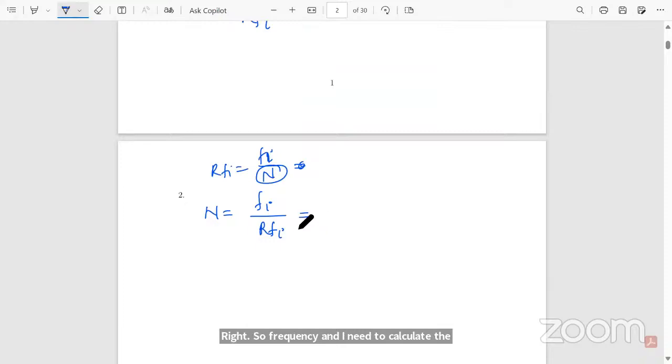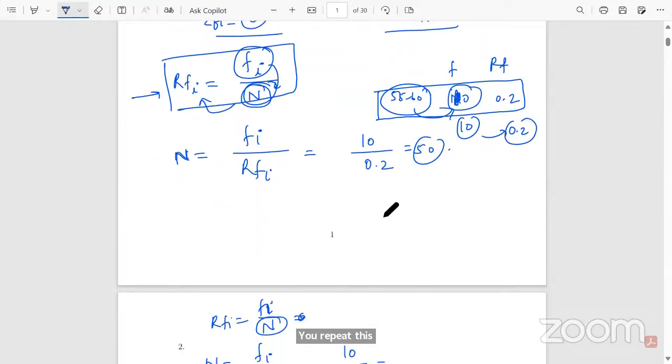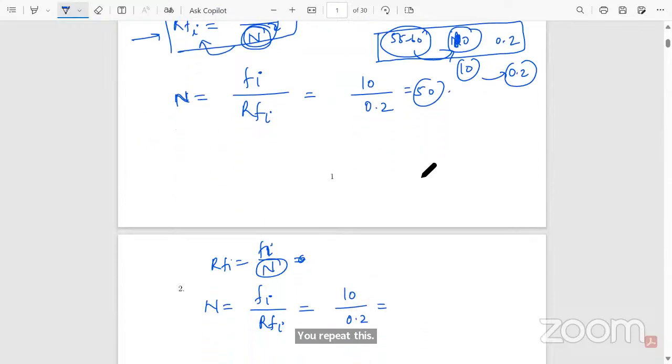The frequency was 10, divided by 0.2. For the 55 to 60 category, the frequency is 10 and the relative frequency is 0.2.